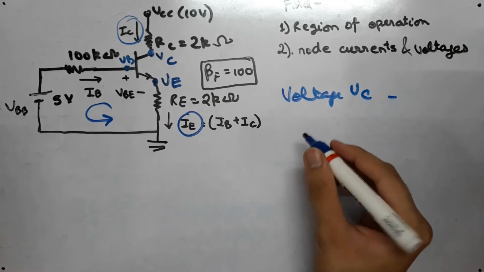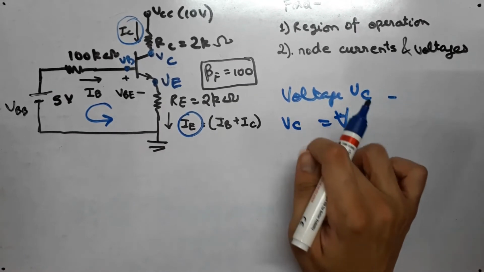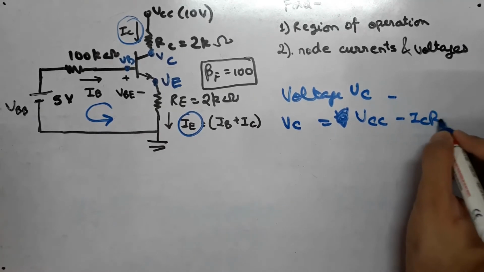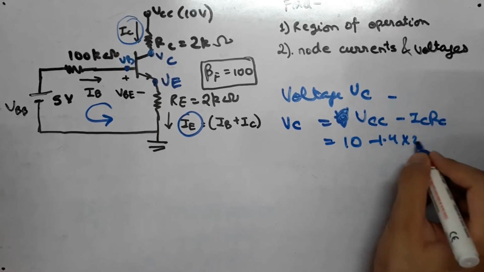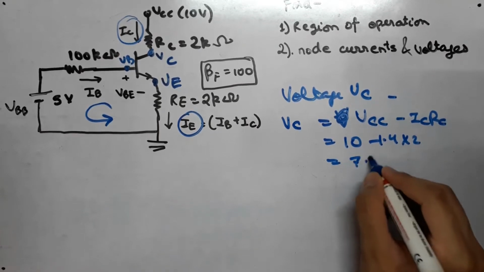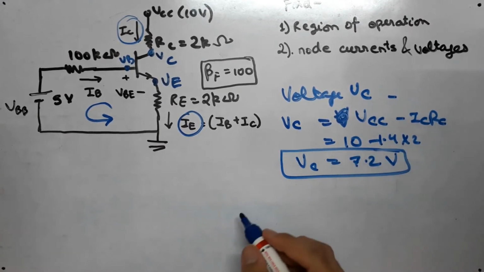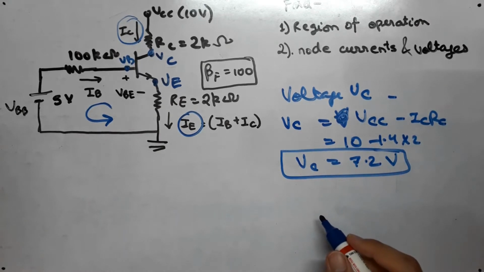At the collector node we know VC is equal to VCC minus IC RC, that is 10 minus 1.4 into 2, is equal to 7.2 volts. So we have got the values for the node voltages as well as the node currents.